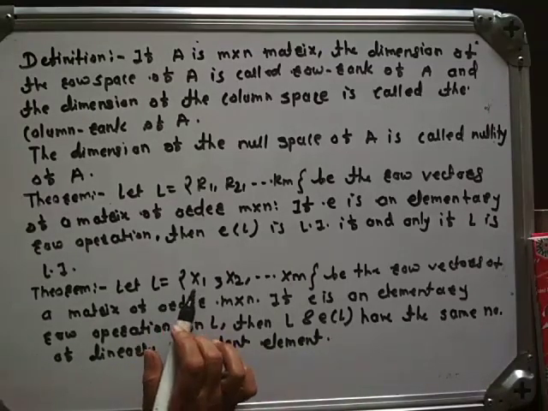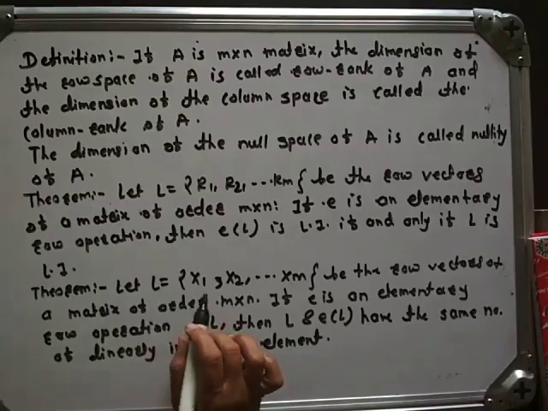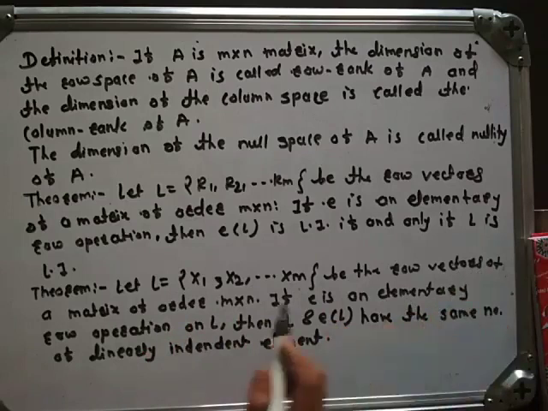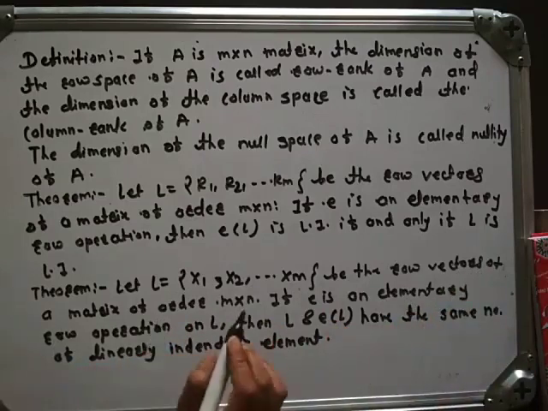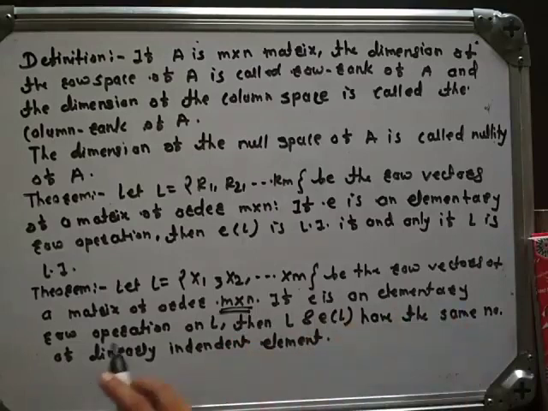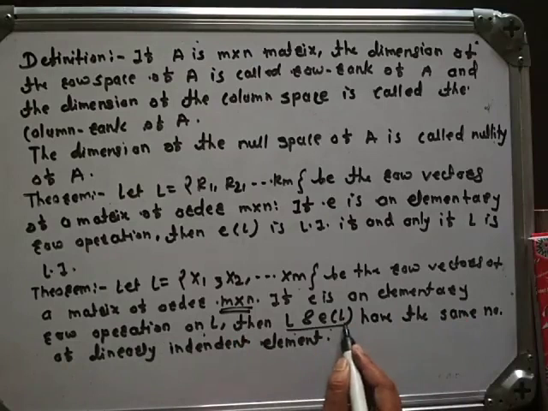Let L equal the set x1, x2 and so on up to xn be the row vectors of a matrix of order m by n. If E is an elementary row operation on L, then L and E of L have the same number of linearly independent elements.